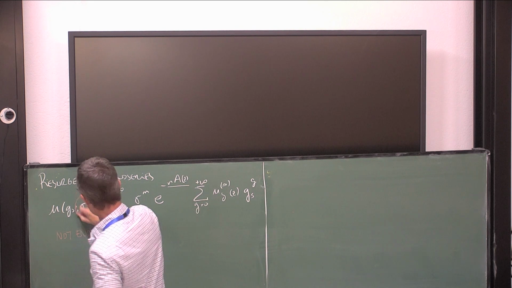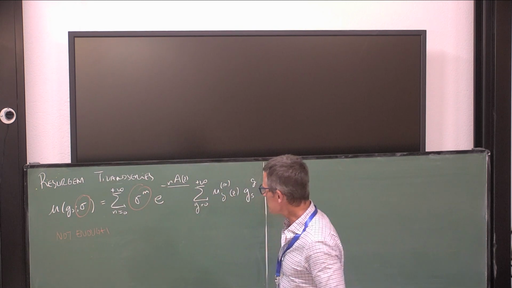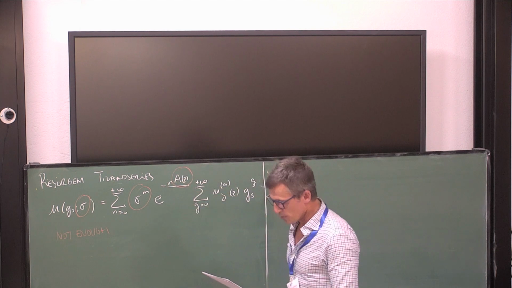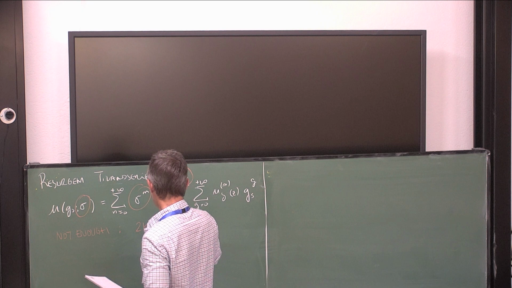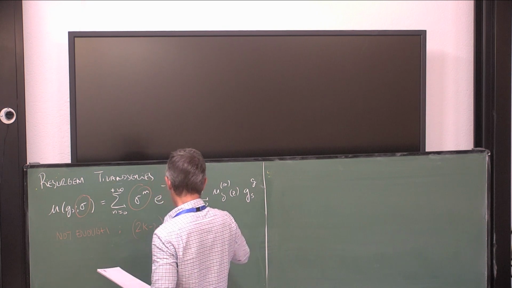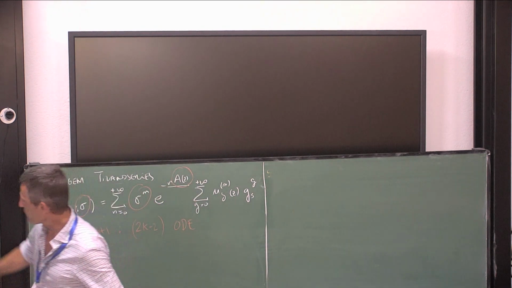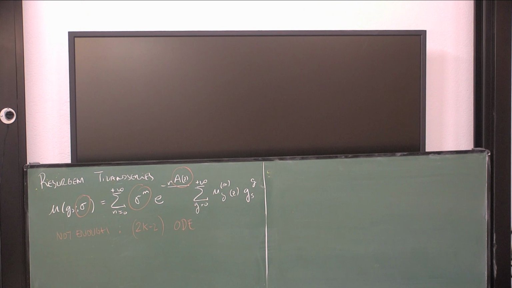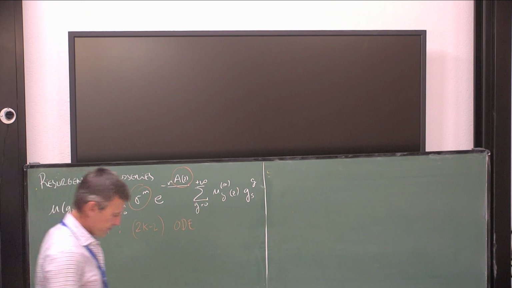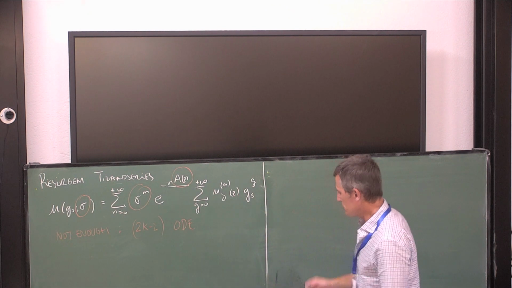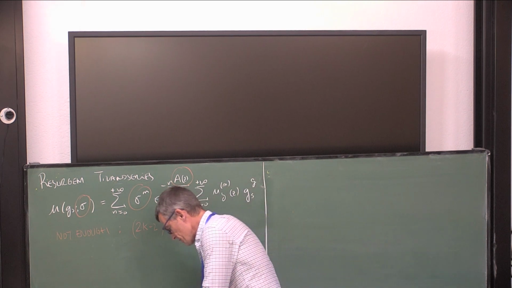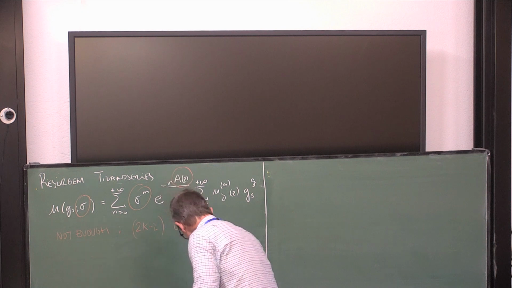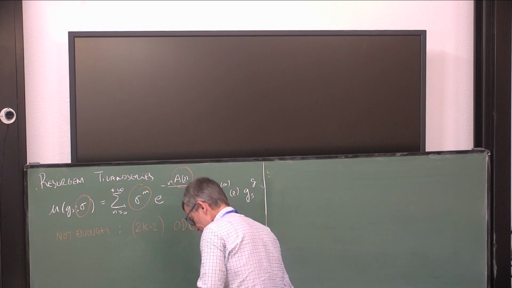The problem is that I need more sigmas, which implies that I will need more instanton actions, because I have a 2k minus 2 ODE coming from all these problems here, multicritical or minimal string alike. So in fact, you can show by just plugging in these ansatz the instanton action.